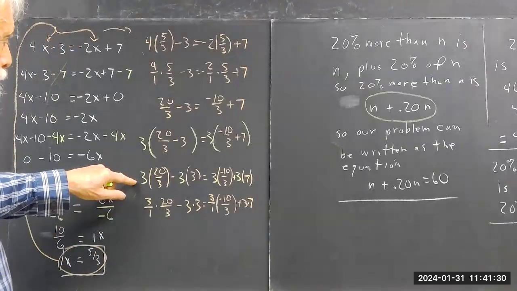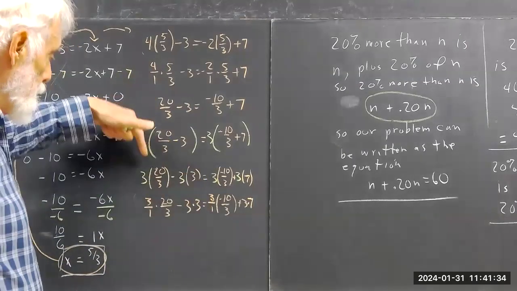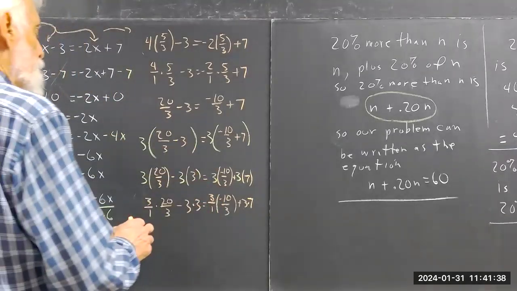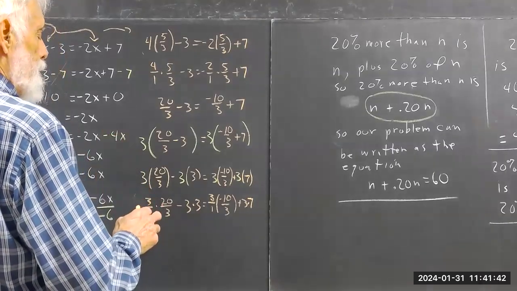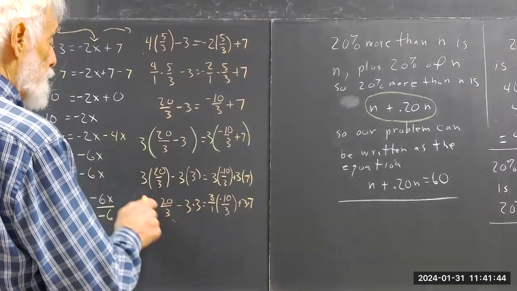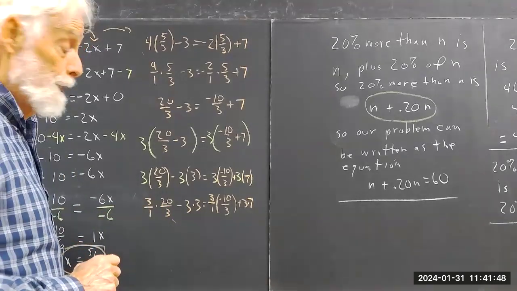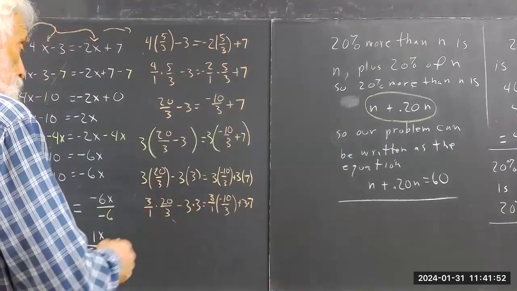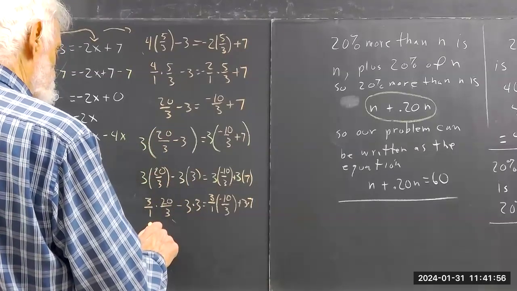Since I'm multiplying this 3 by a fraction, I'm gonna write it as 3/1 just to keep track of what I'm doing. And the same thing over here. You have a rule that says you can cancel this 3 with this. Okay? But the reason that rule works, and you don't necessarily have to write out the step I'm writing out, but I kind of think it's good if you understand it.